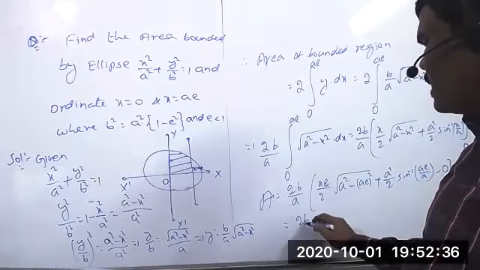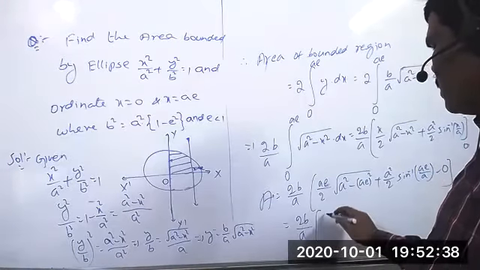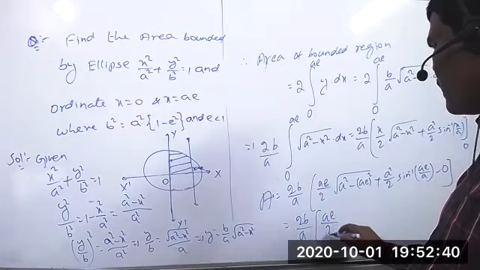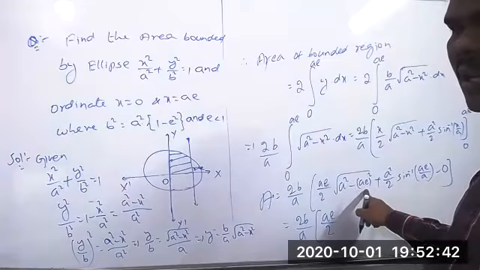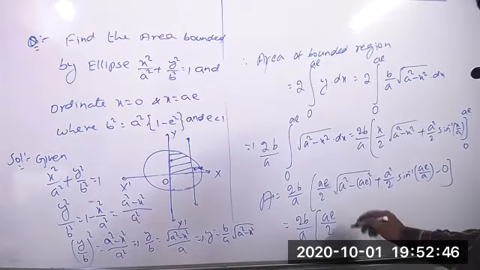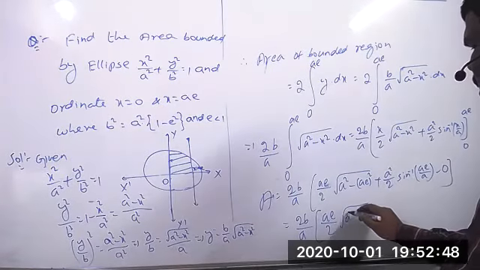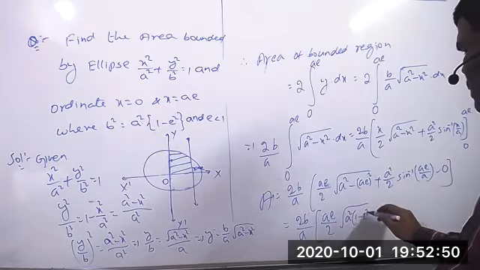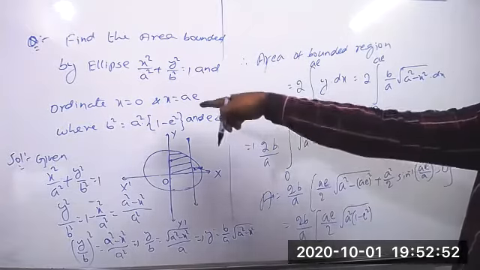So 2b by a into ae by 2 into, with a square common, root of a square into 1 minus e square.